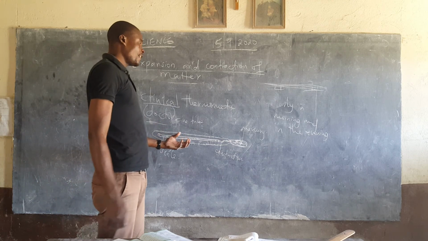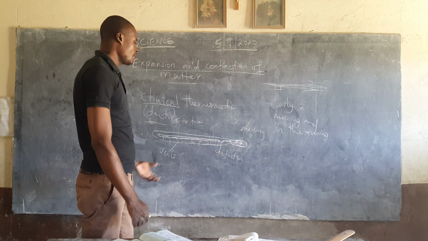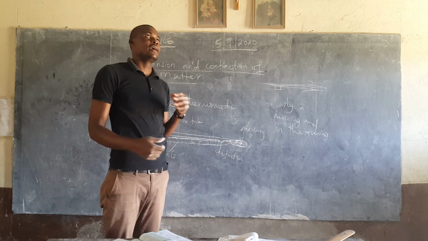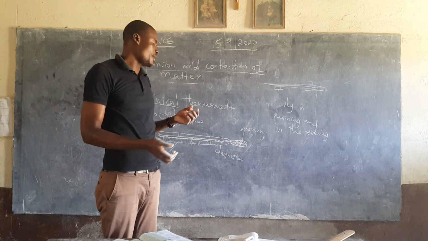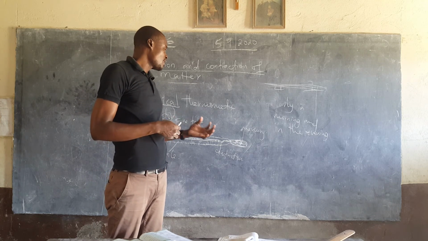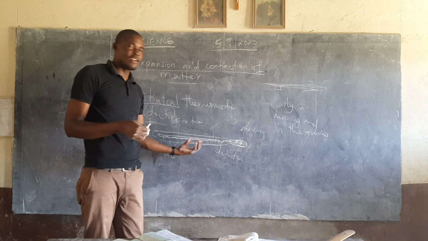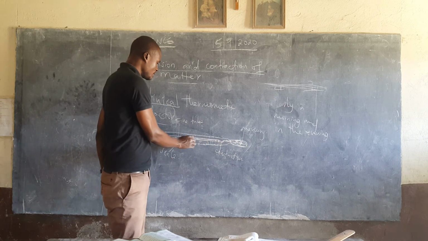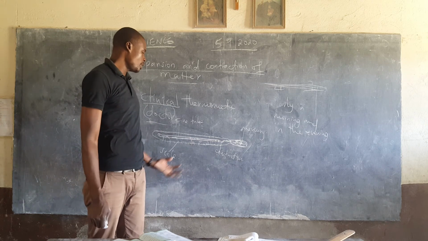So when the doctor wants to measure your temperature, he will put this under your armpit or in a part of the body. Your temperature makes the mercury expand to a given level, and the doctor reads the level it has expanded to in order to get your temperature.